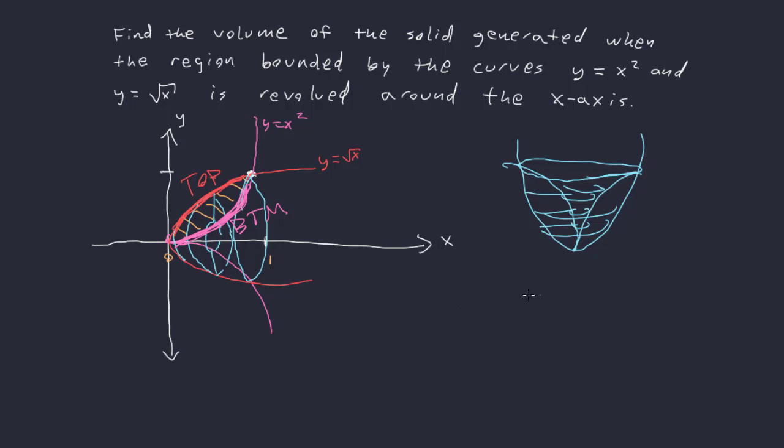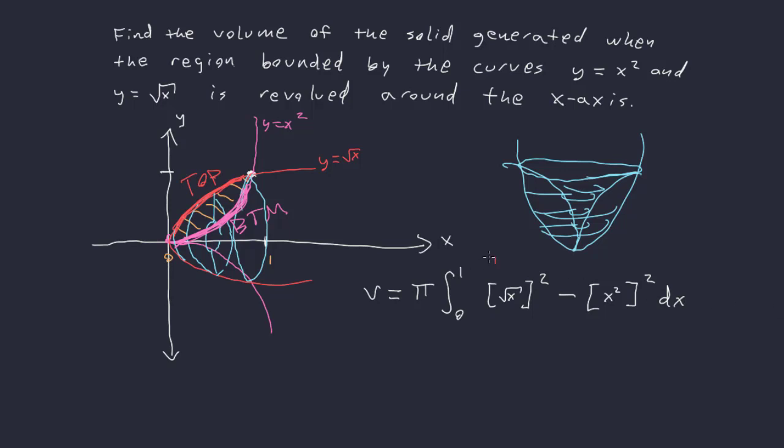So the volume of this solid is going to be pi times the integral from 0 to 1 of, now remember, the top squared, so the square root of x squared, minus the bottom squared, which will be x squared squared.